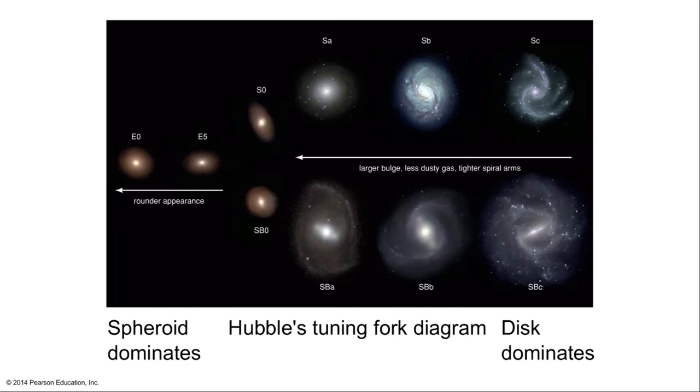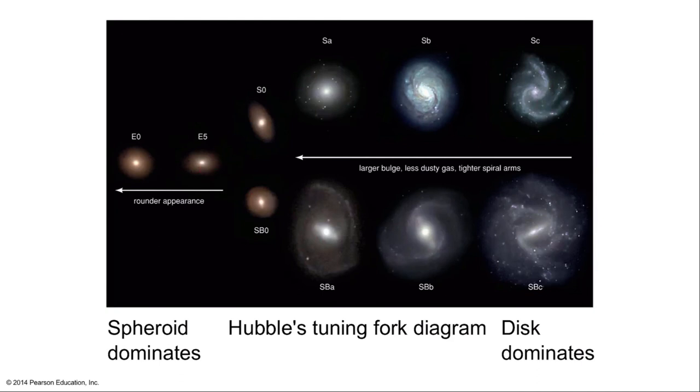Hubble himself envisioned this as an evolutionary diagram. Hubble's idea for how galaxies evolve is that galaxies start here at an E0 with a very large cloud of gas. That gas eventually settles down into a disk and it becomes more and more elongated. You eventually get the lenticular galaxies, which are, again, the intermediaries between the ellipticals and the spirals.